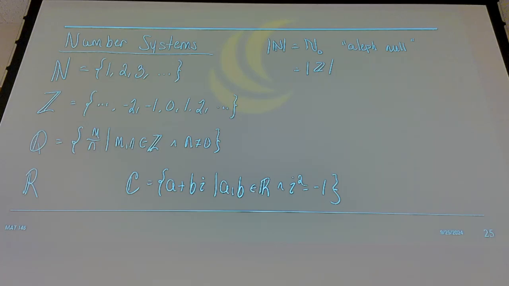What about the rationals? Also countable, so they also have aleph null. That's interesting. You would think that there'd be more integers, but there's not. You'd think there'd be even more rationals, but there's not.